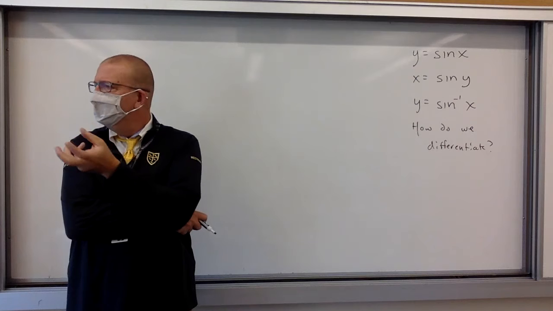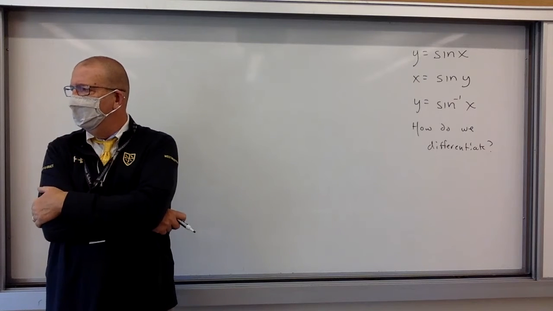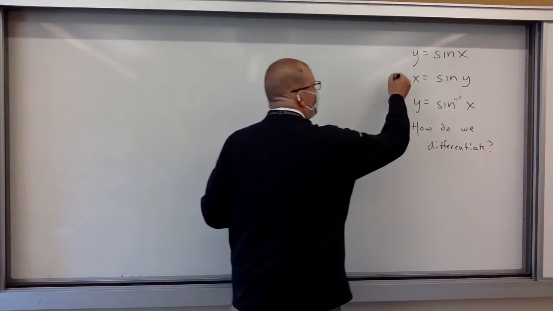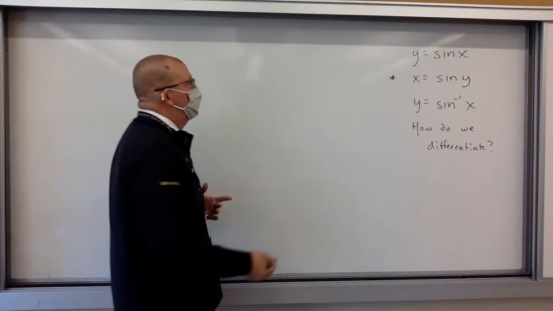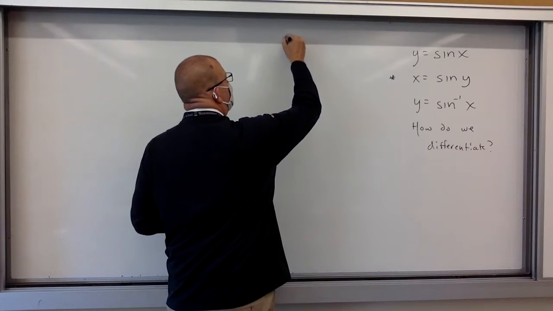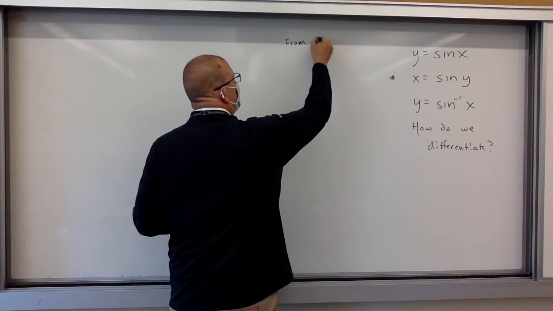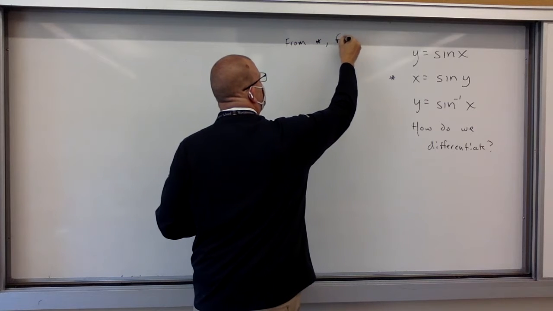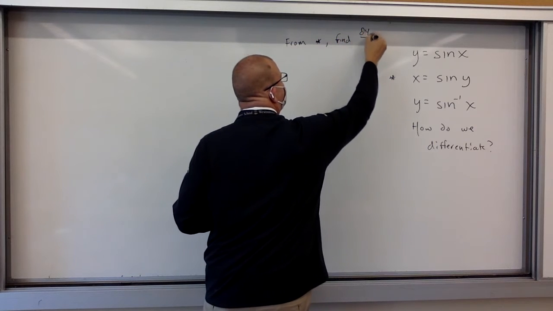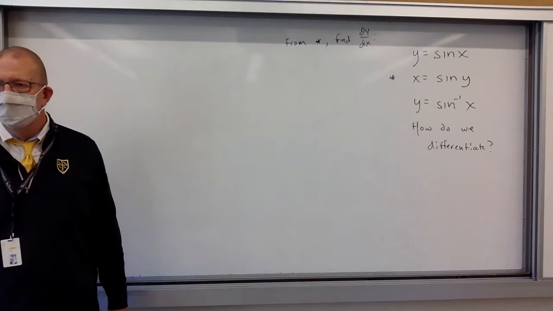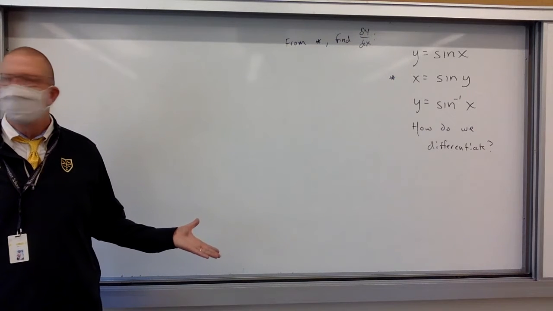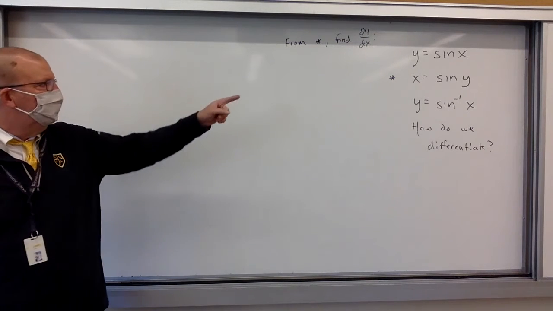But let me show you this clever little use of the Pythagorean theorem. I'm going to put a star right here at this step. So from the star, find dy/dx. Okay, we can do that, right?